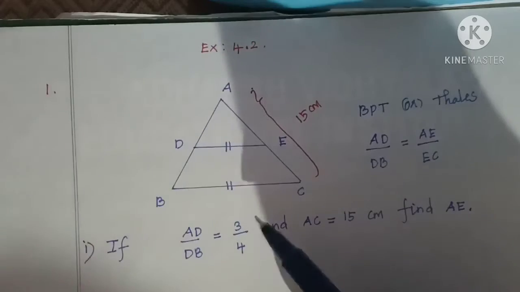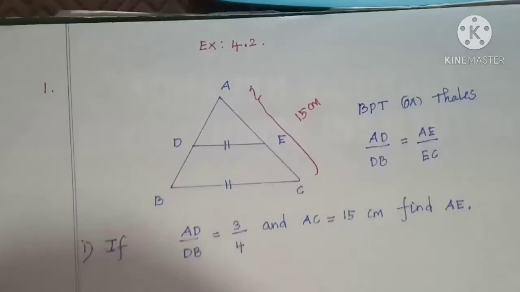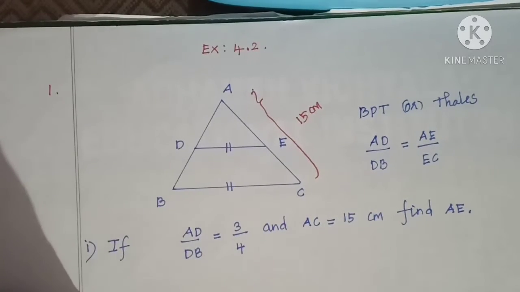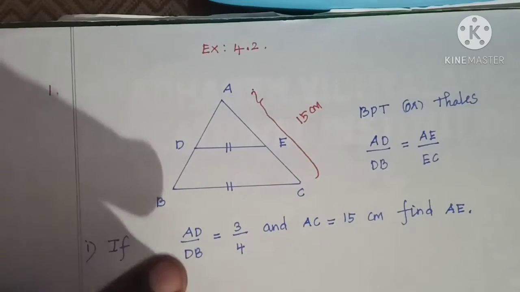AD by DB is equal to 3 by 4. Can we take AD equal to 3, DB equal to 4? No, we should not take like that. This is given in ratio form, so we take it as it is.